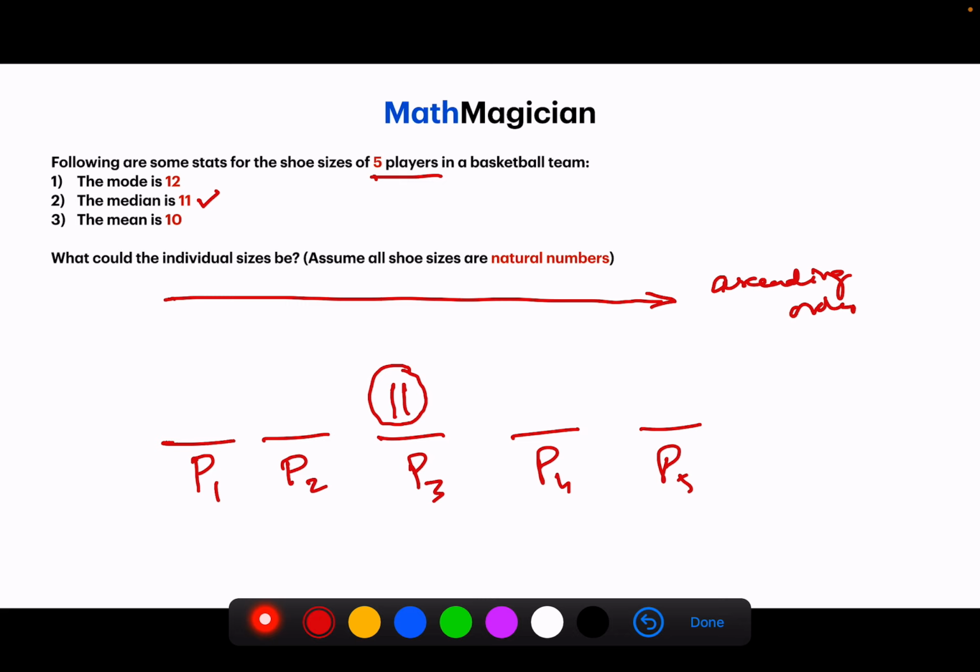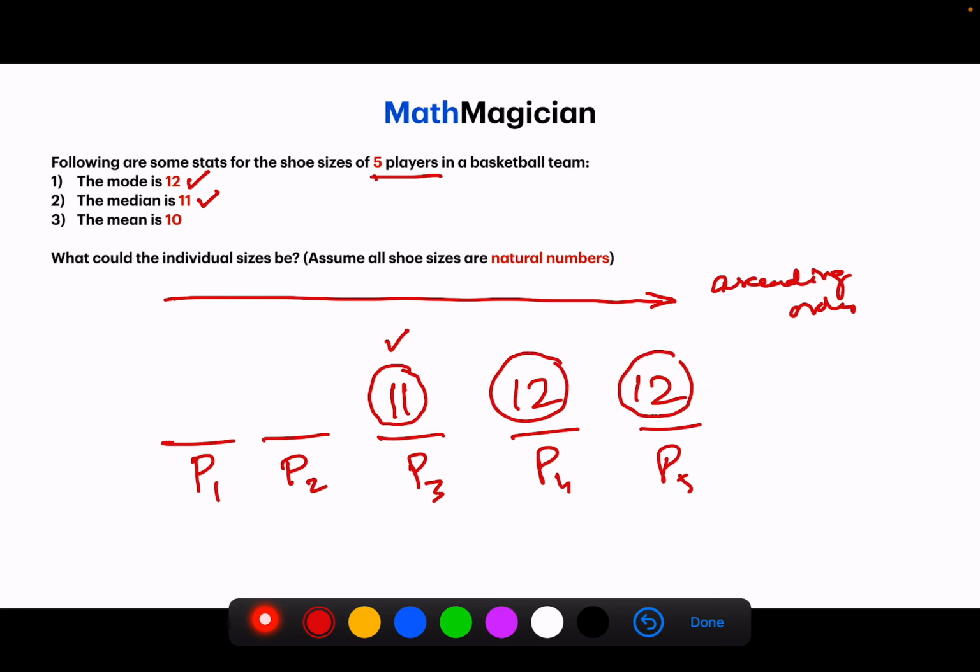The next data point of consideration is the mode, which, like I said, is the most occurring number in the distribution. So over here we see that if the median is 11, which we have already fixed, then we are left with the possibility that the mode is going to be 12 only if both P4 and P5 are 12 each, right?